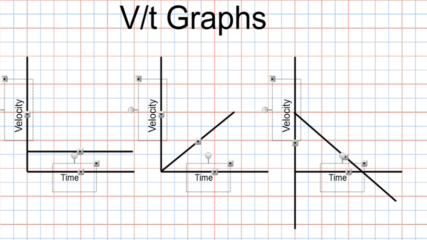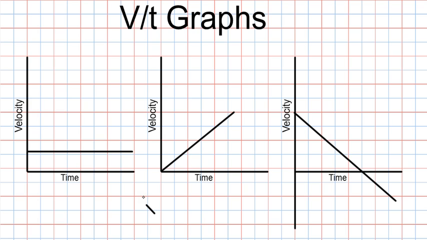Now I want to spend a little bit more time with VT graphs and what that tells you about the motion of the object. In this first example, we see that we have a horizontal line. So the slope value is 0, and so whatever value the velocity is, that means that the velocity is constant.